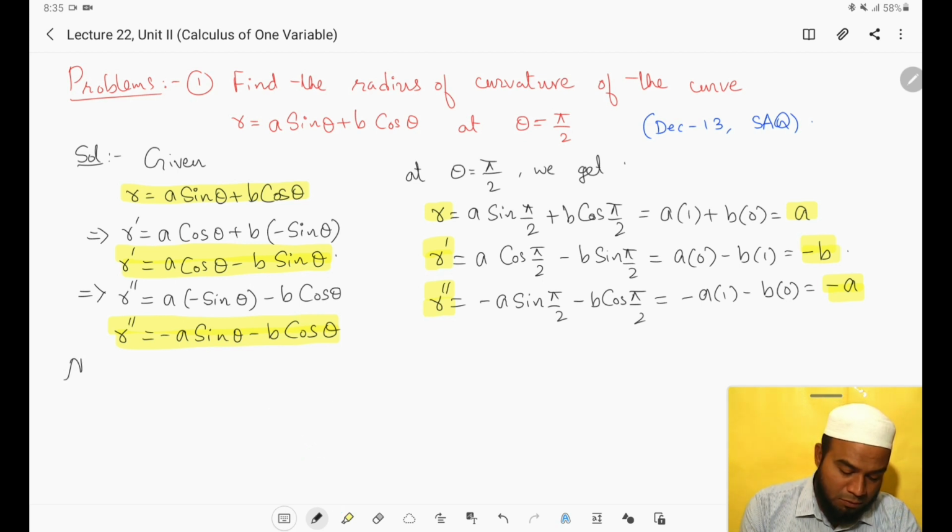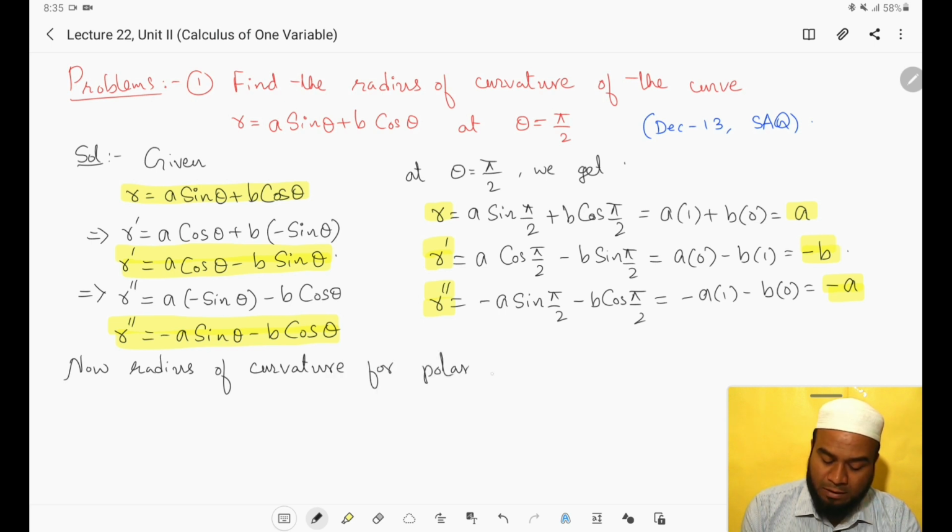So we have to substitute all these values in the formula. Now the radius of curvature for a polar curve, because the given curve is a polar curve. What is the formula?